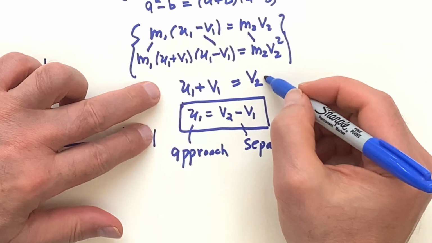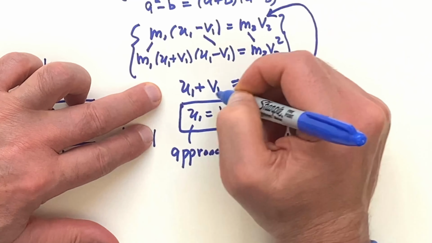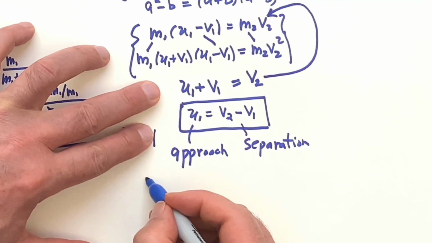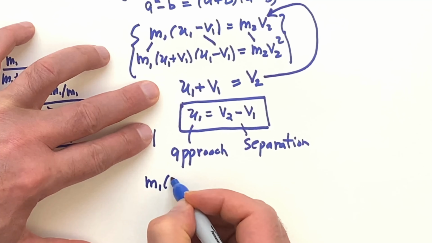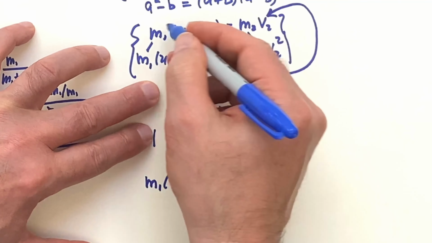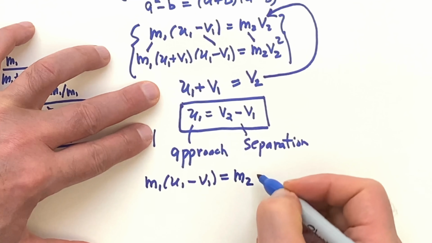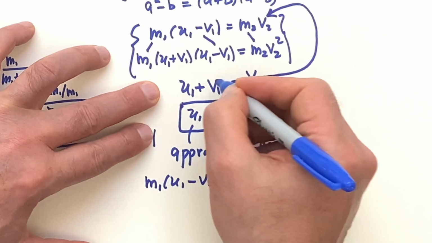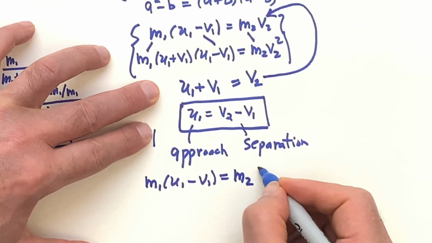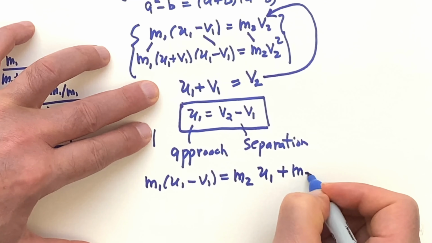So now what we want to do is eliminate v2 to solve for v1. If we have this v2 equation here, we could put in for v2 what this is, and then we can solve for v1. So let's do that. We have m1 times (u1 minus v1), that's the left-hand side here, is equal to m2 times v2, and the v2 is going to be this, u1, and I'm going to go ahead and write it out as two pieces.